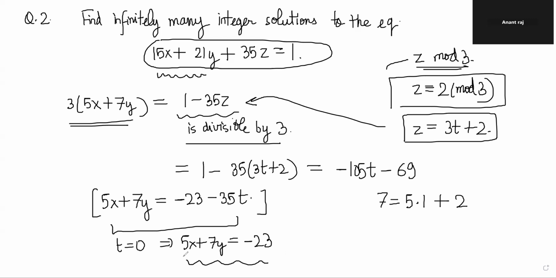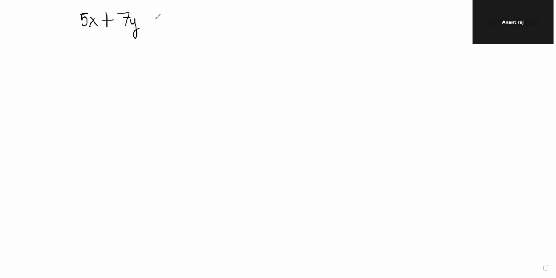No, it will become a big solution, right? I feel like I'm making a mistake somewhere. 1 minus 35 into 3t plus 2, we are getting minus 23 minus 35t. Okay, I'll do it on the next page. 5x plus 7y is equal to minus 23 minus 35t.